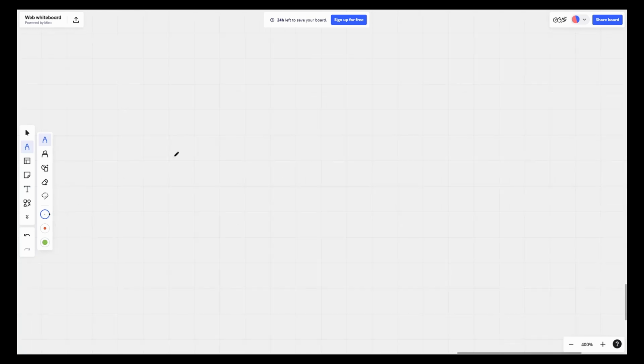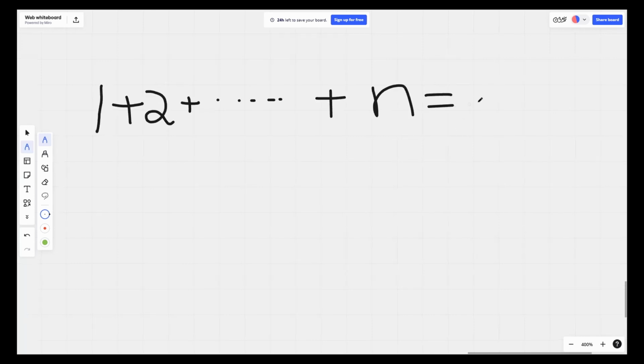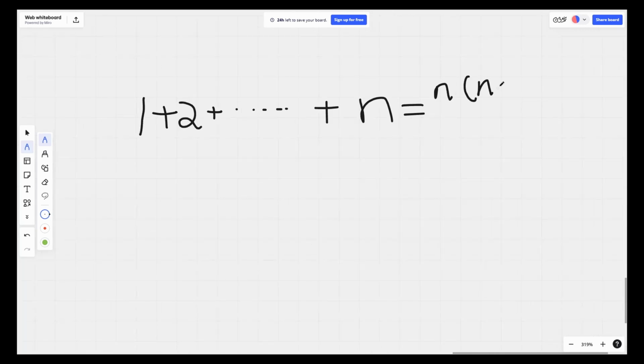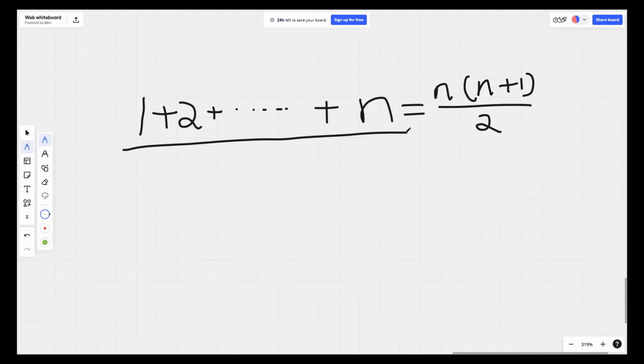And I see someone already typed the answer in the chat. That is correct. It's 5050. And here is the trick. If I have 1 plus 2 plus all the way to n, and for 1 to 100, n would be 100, this is n times n plus 1 divided by 2. Boom, n times (n plus 1) divided by 2. That's very handy, right? This n could be 1 million, and then it would be impossible to solve otherwise.